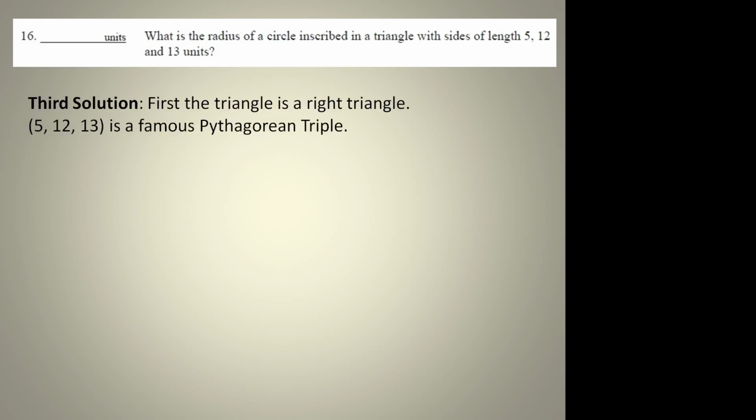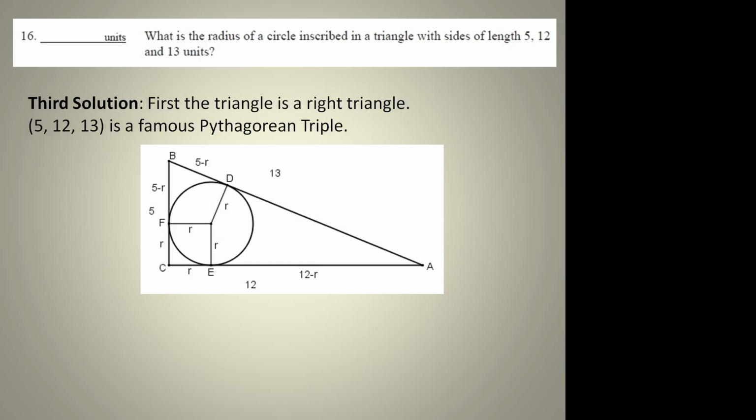The third solution: suppose you don't want to take a risk to guess, and you don't want to use the formula, or you don't know the formula. Here's the way to find it. You know that 5, 12, 13, the three sides, form a right triangle. Then you draw the inscribed circle inside, estimate the center, then draw the radius to the points of tangency.